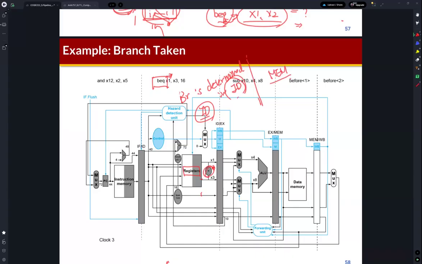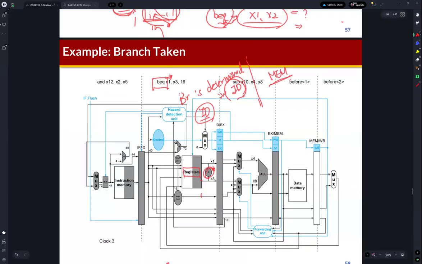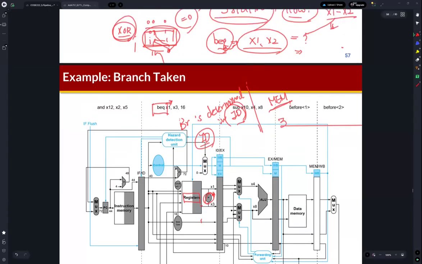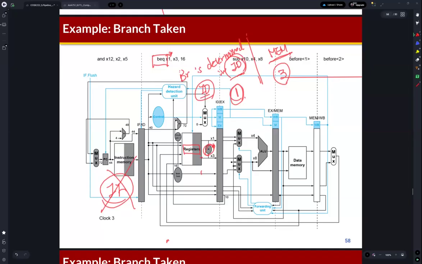When the branch is determined in the memory stage and the branch is taken, 3 cycles are wasted. But if the branch is determined in the ID stage, then 1 cycle will be wasted, because only the instruction in the instruction fetch stage is incorrectly fetched, so we can just cancel this instruction.